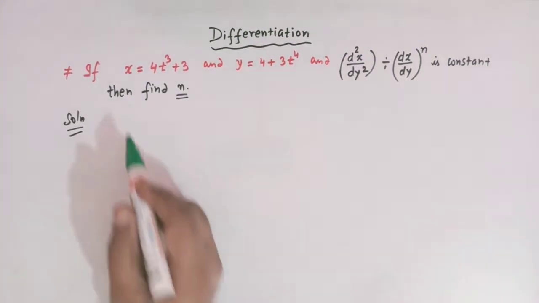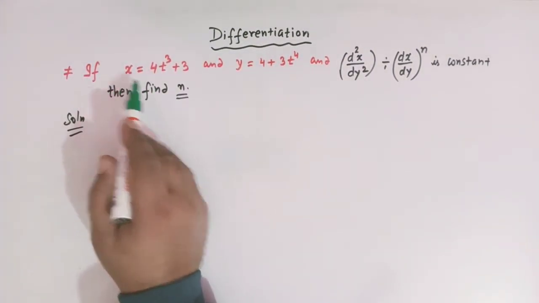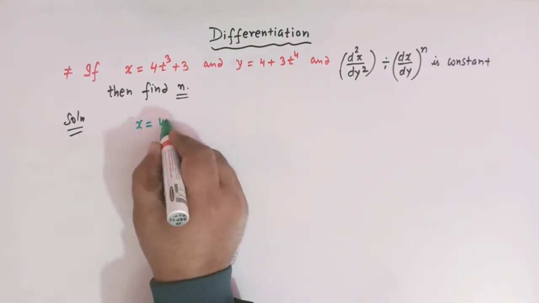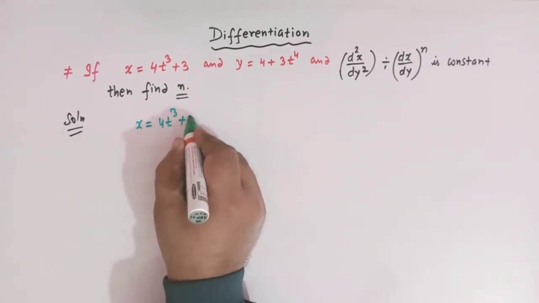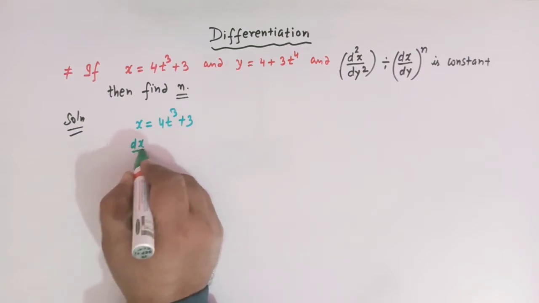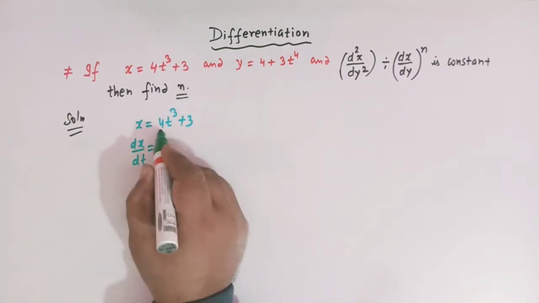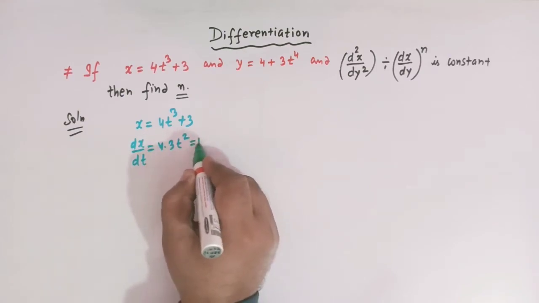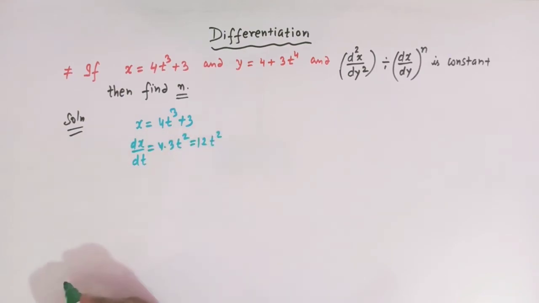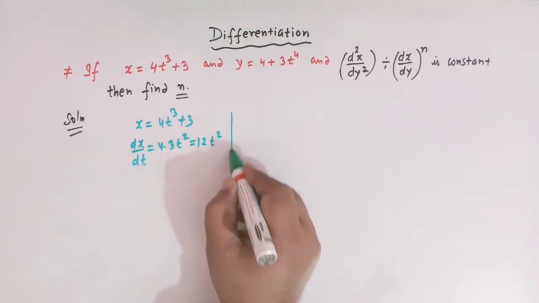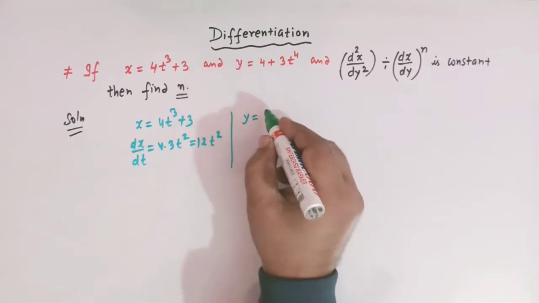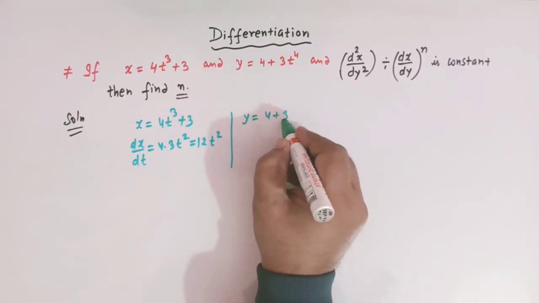So now let us first find dx/dt. We have x = 4t³ + 3, so dx/dt is obviously equal to 4 times 3t², and that is 12t². Similarly, let us find the derivative of y with respect to t.